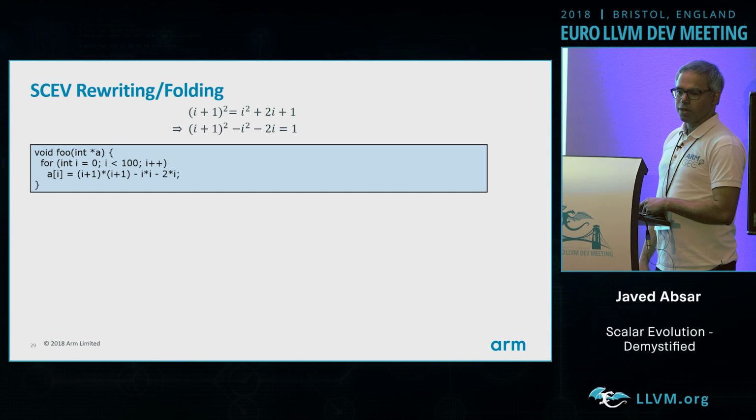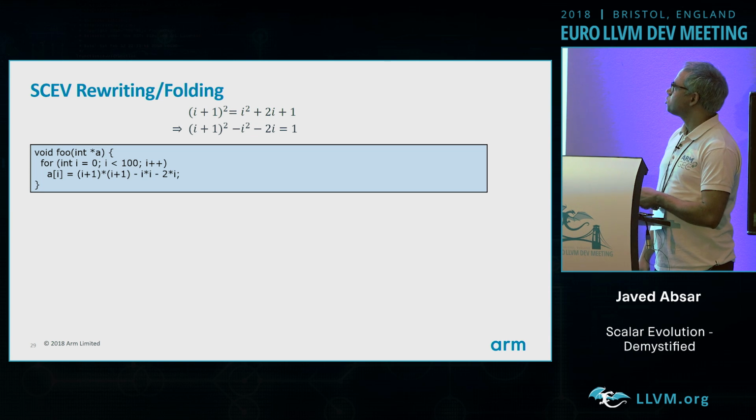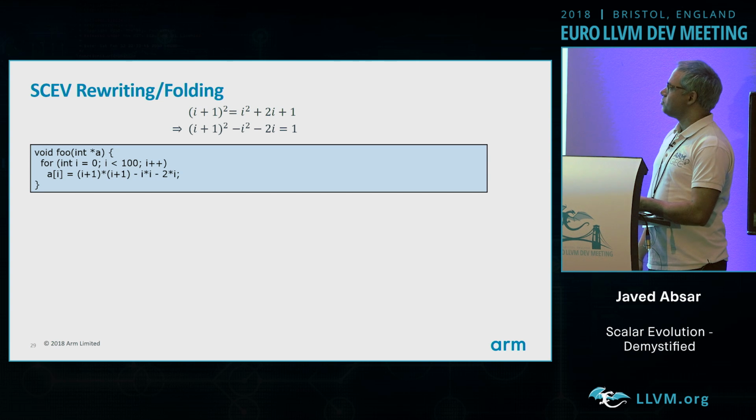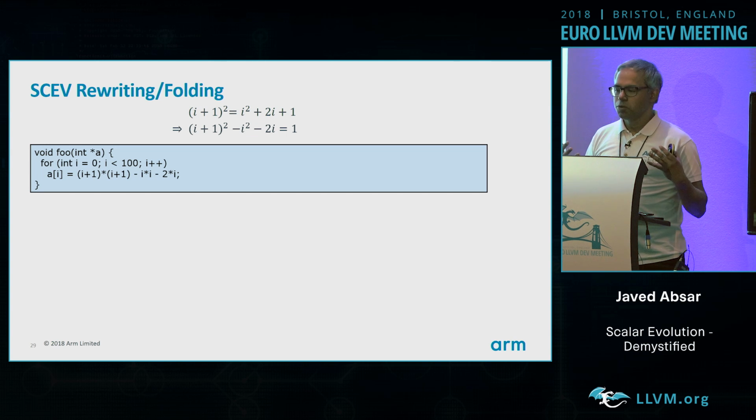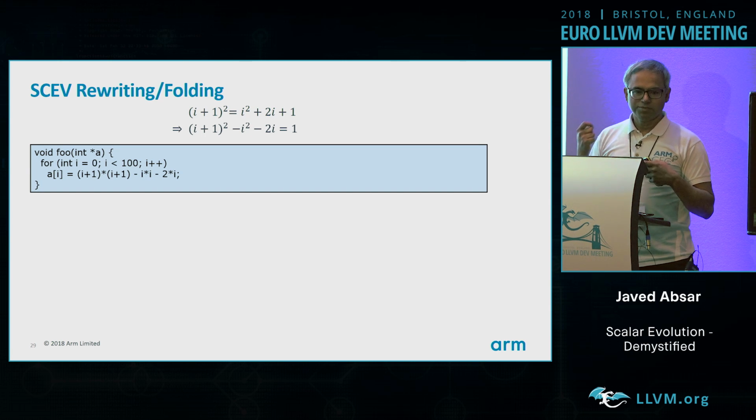What am I storing to A? I'm storing 1. You wouldn't write something like that, but it's possible that in your actual program, somehow you end up with an expression that's massive, but actually it's computed to something very simple.